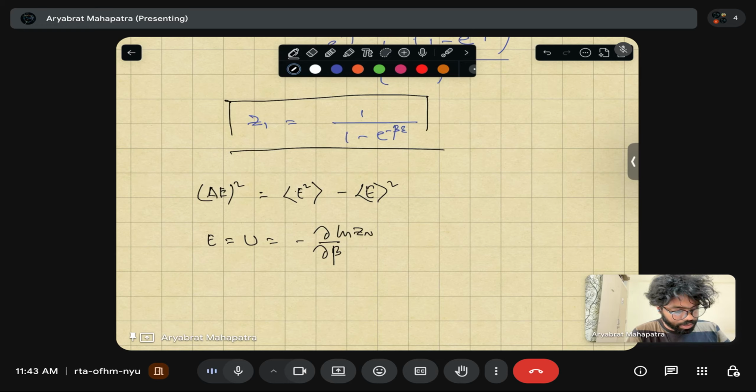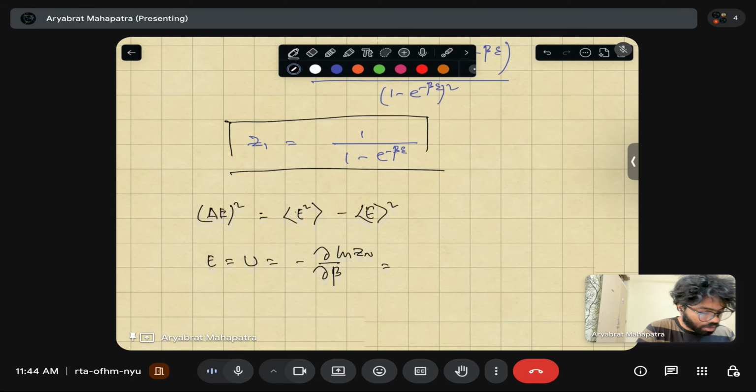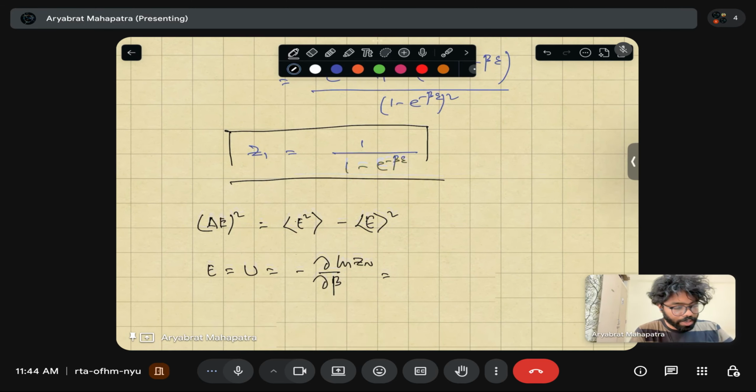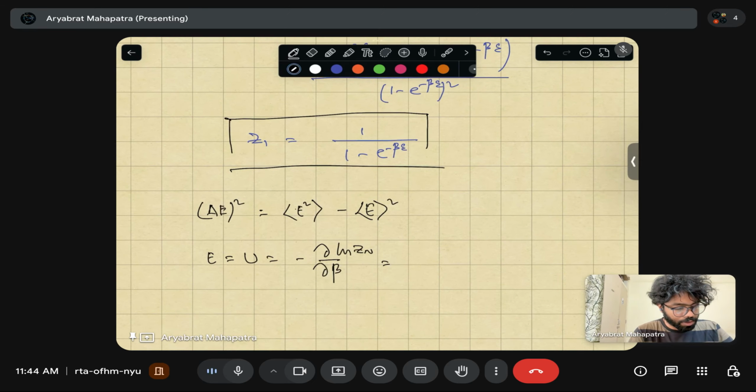And as we are dealing with this non-attractive type of particle, this partition function, as we did in the previous problem as well, Zn can be Z1 to the power n.